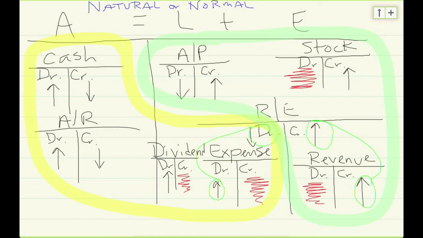So in other words, the natural or normal balance of cash would be the debit side, because that's what increases it. Or the natural or normal balance of accounts receivable, also the debit side, because that's what increases it. Come over to liabilities, the natural or normal balance for accounts payable would be the credit, because that's what increases it.